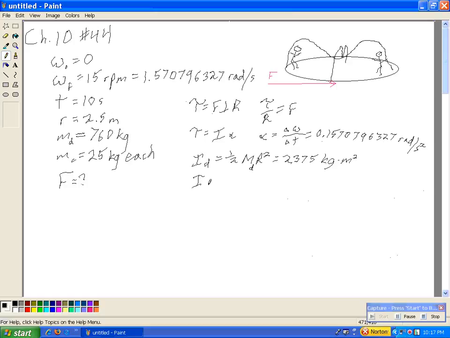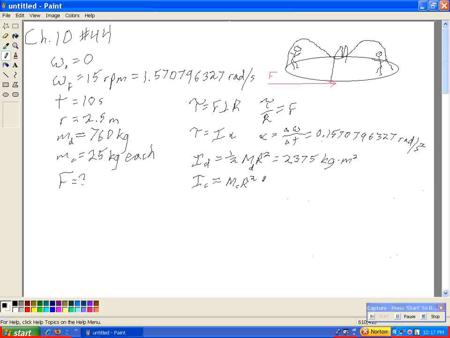The moment of inertia for the children: well, they're on equal and opposite sides, so essentially the mass of the child times the distance squared, mr squared.